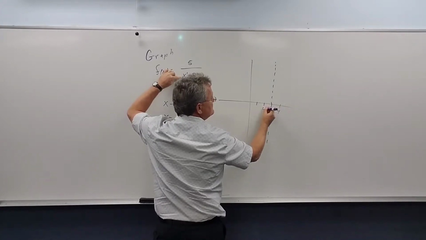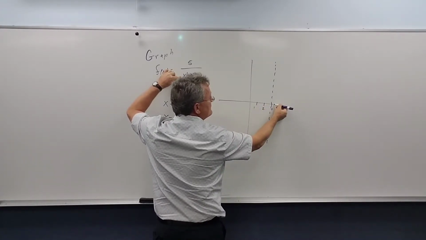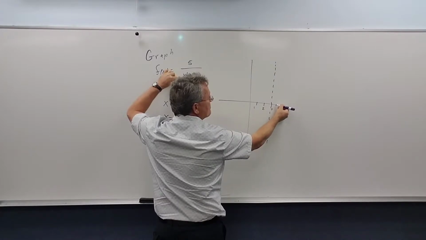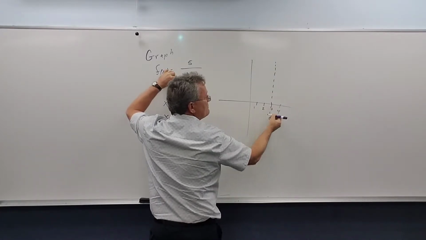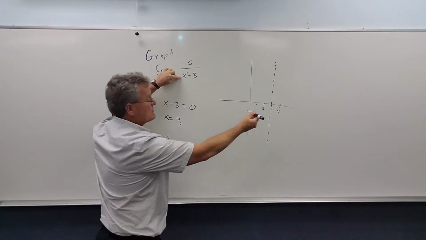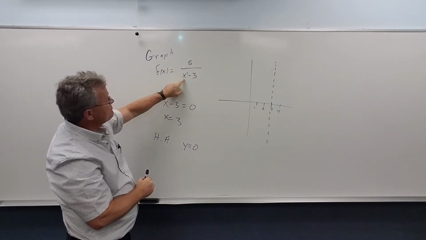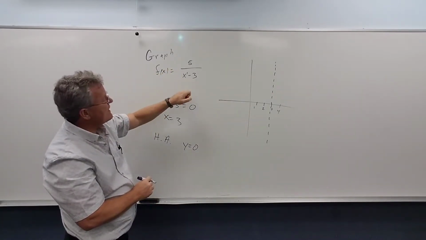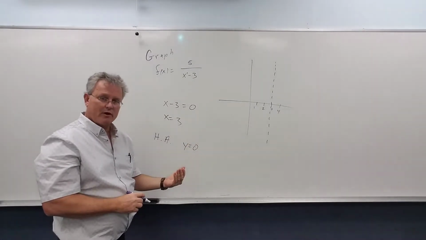This is 3, 2, 1, from the right. Well, we're like 4, 3.5, 3.1, 3.01 when we get closer. If we plug in 3.1 and subtract 3, we get positive 0.1.